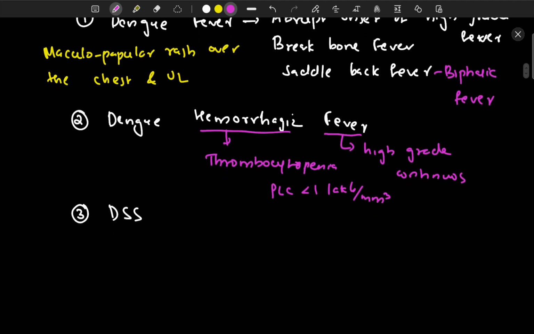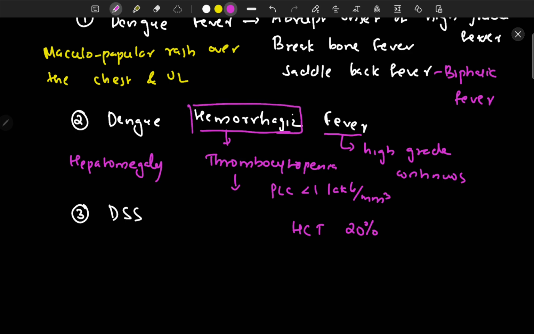And in dengue hemorrhagic fever, the packed cell volume or the hematocrit is increased by 20%. Then there will be hepatomegaly.